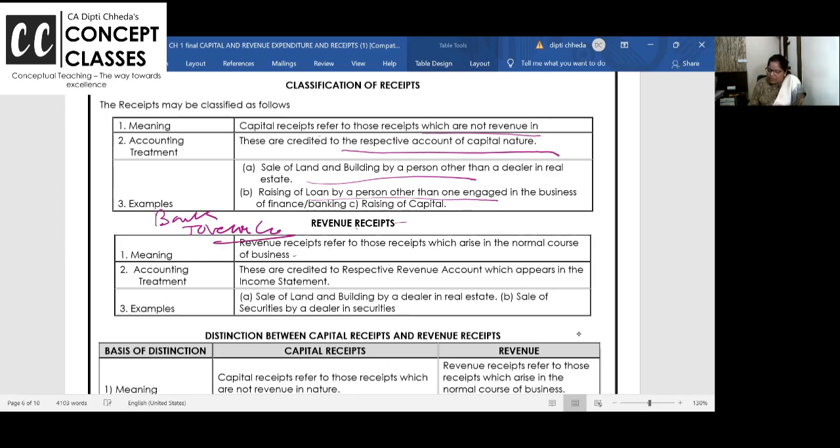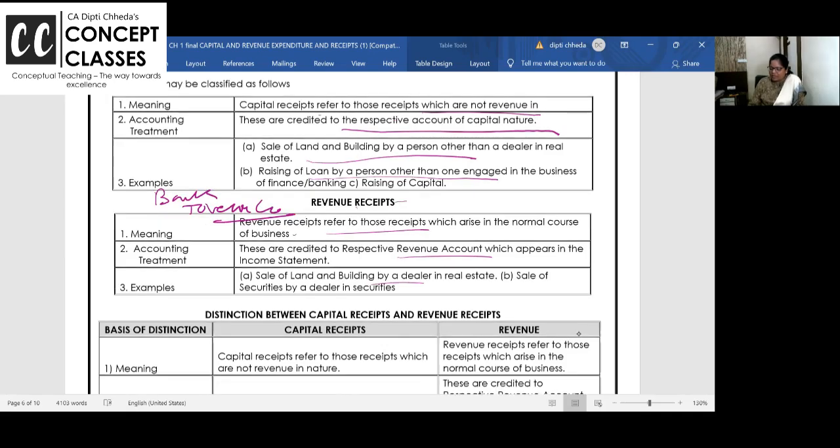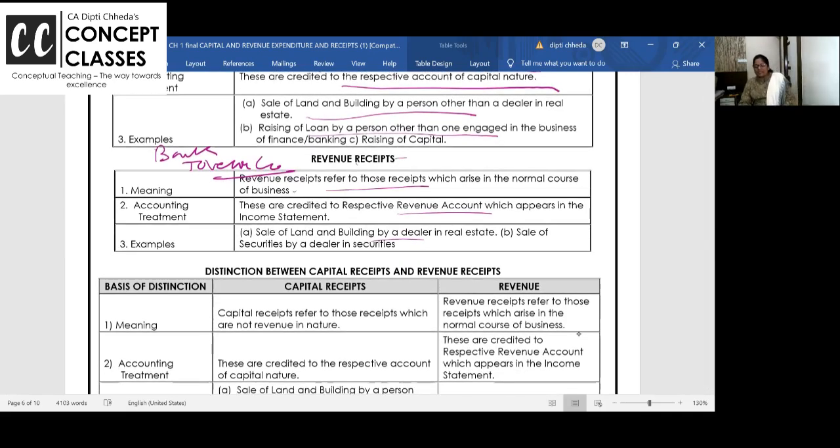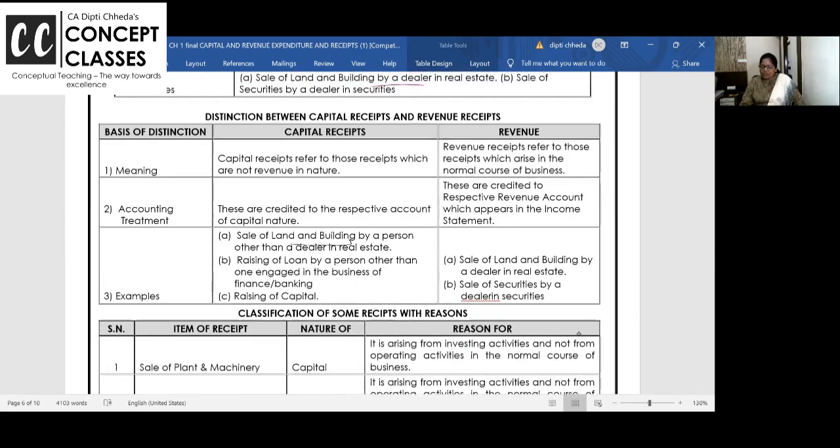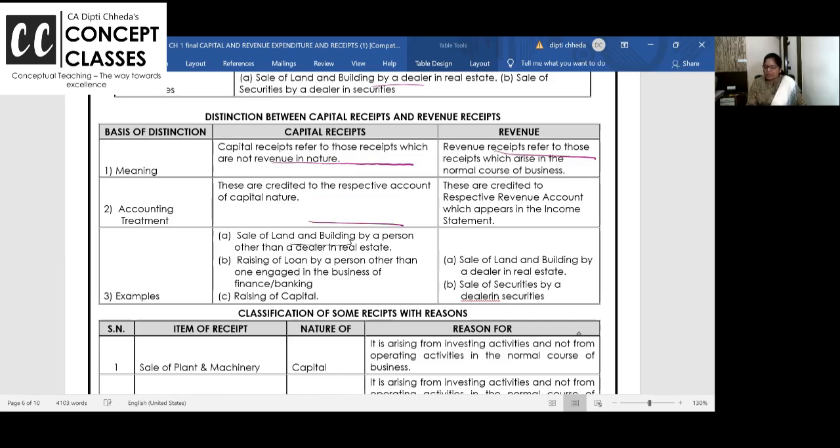What is your revenue receipt? Day-to-day income. Day-to-day receipts. Okay? So that's a revenue receipt. Can we distinguish between capital and revenue receipt like we have distinguished between capital and revenue expenditure? Yes. Capital receipts refer to those receipts which are not revenue. They are credited to the capital accounts.